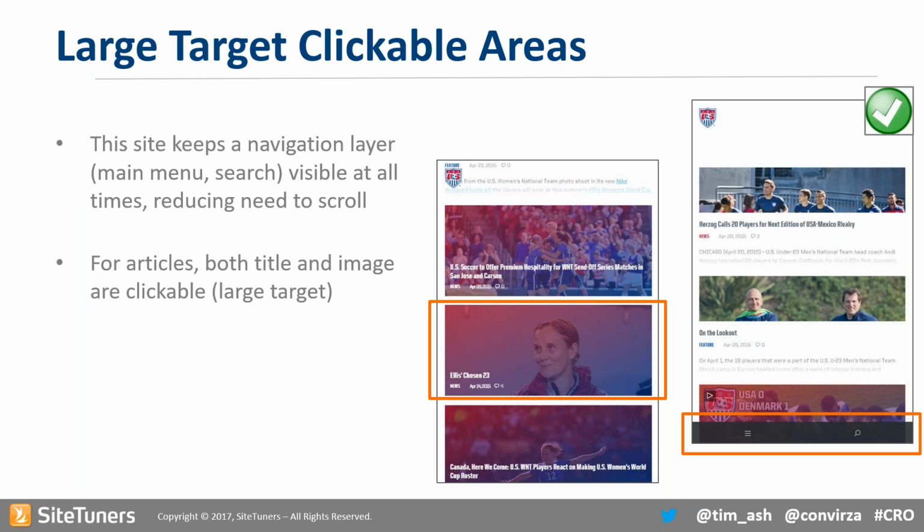And down at the bottom, they've permanently pinned the search and the hamburger menu. So you never lose context, but that's not now at the top of the page, it's actually at the bottom, because once you start scrolling, you don't need that anymore, and you're paying attention to the content that you're scrolling into view. So some great use of mobile design on that site.